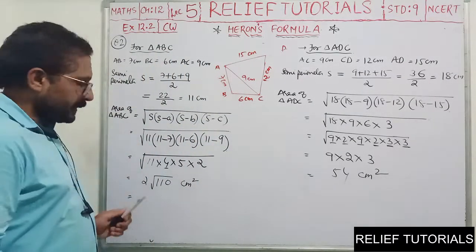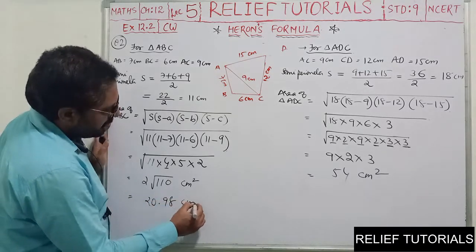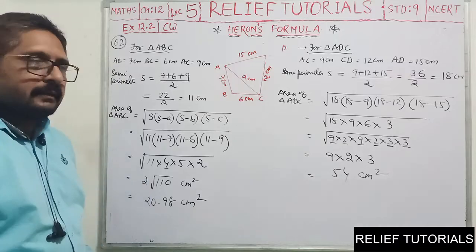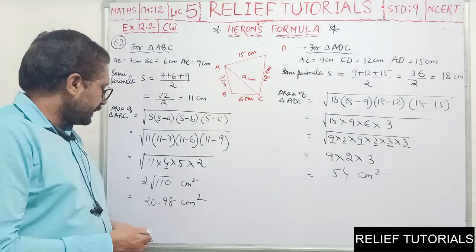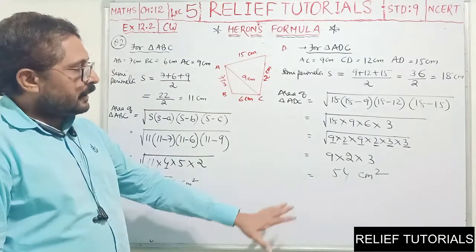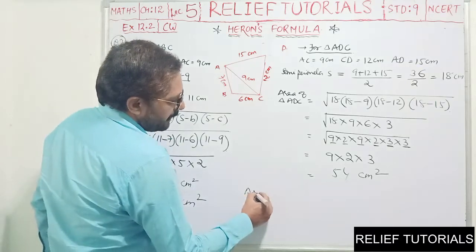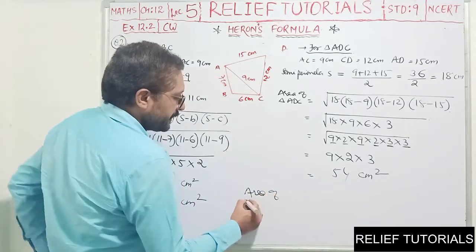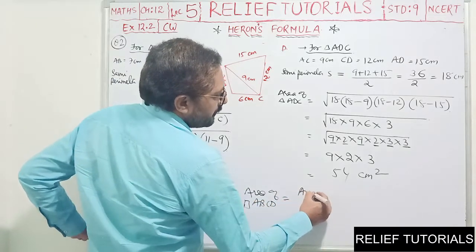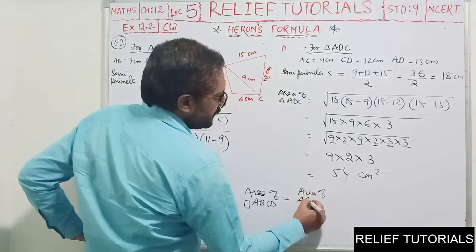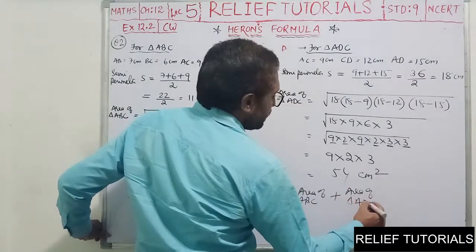See, if you find the root and multiply this, your answer will be something like 20.98 centimeters square. See, if you are not able to know how to find the root, we will discuss at the end of the chapter. Now we got area of triangle ABC and area of triangle ADC. Now required area, that is area of quadrilateral ABCD, is equal to area of triangle ABC plus area of triangle ADC.